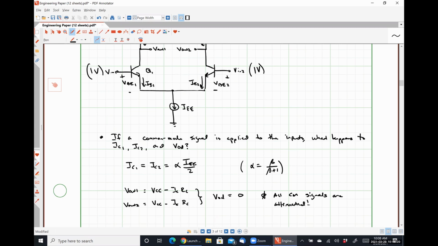But if we apply only a common mode signal, we know that Vout1 and Vout2 have to be identical. We know that IC1 and IC2 have to be roughly 1/2 of IEE. So if we are changing the base emitter voltage, but our collector current isn't going up, how is that possible? Let's start there.